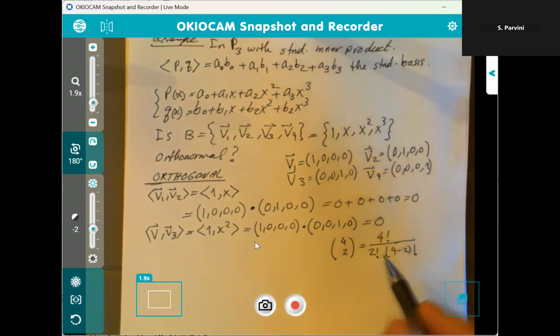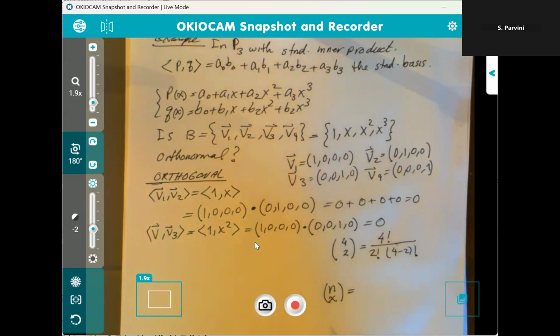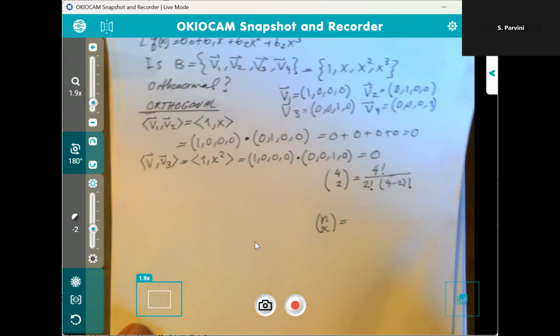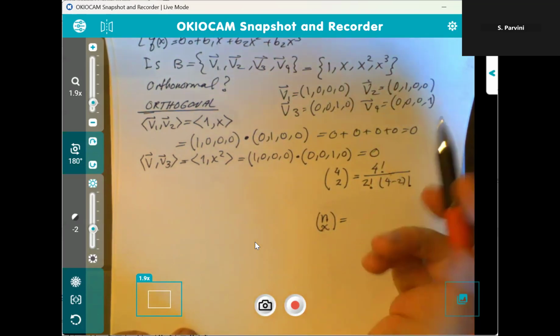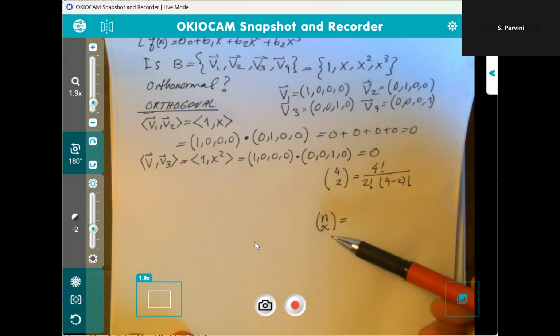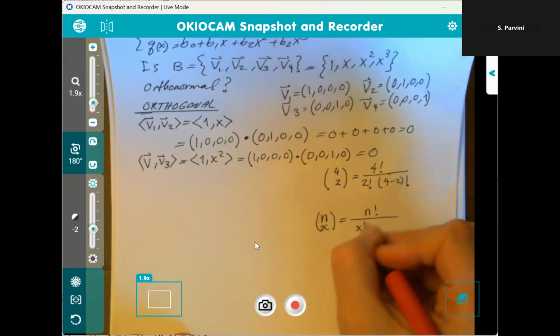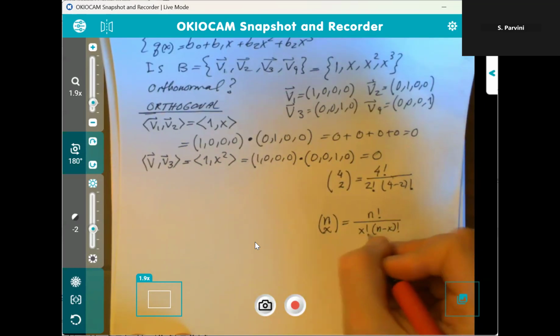You've seen this as the binomial coefficient. Remember this one, folks? You must have seen this either in the expansion of the binomial expression or in your second semester calculus. These were the coefficients for the binomial series. Here it's n factorial over x factorial times n minus x factorial. That was the general form.